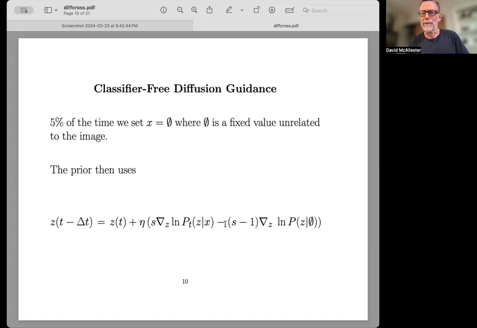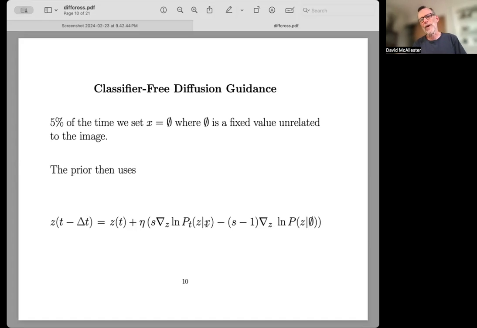So what this optimization is going to do is it's going to drive the image in a direction that's good for the class label. The probability of the image is going up for the class label, but the prior probability is being driven down. So I'm looking for an unusual image that is high probability under the class label.